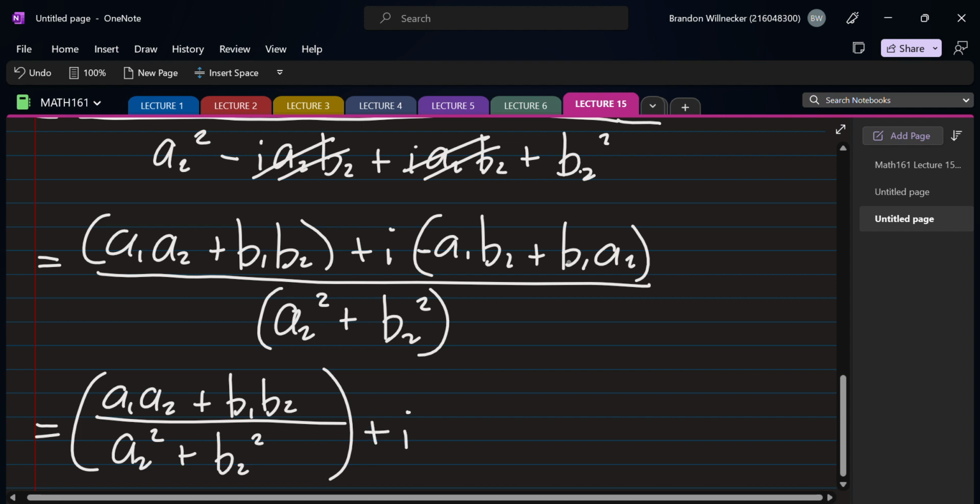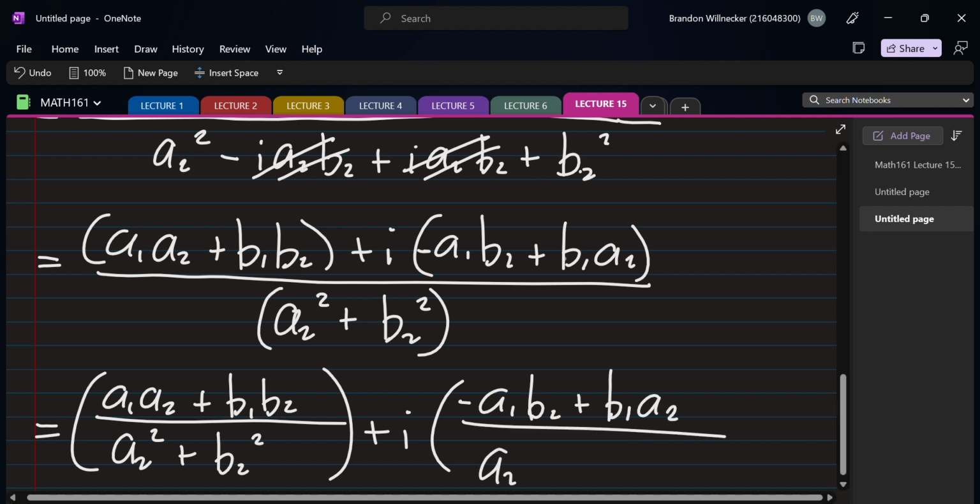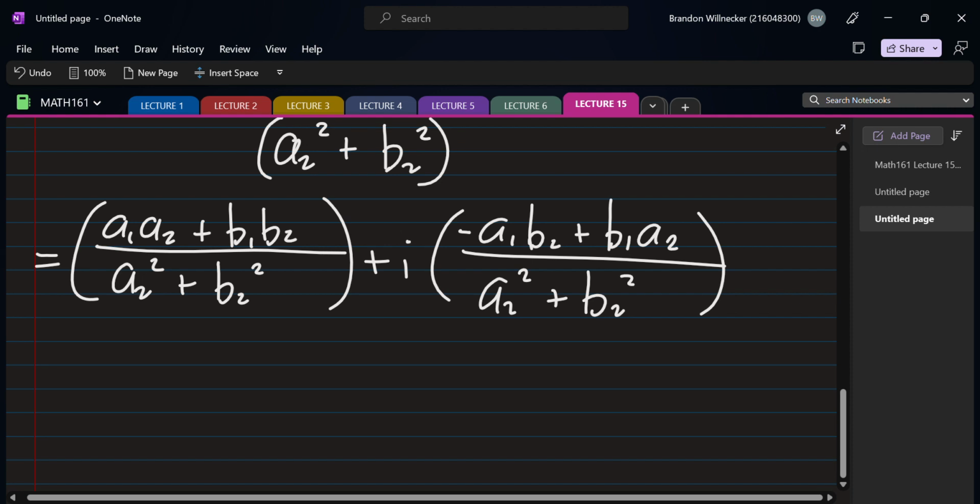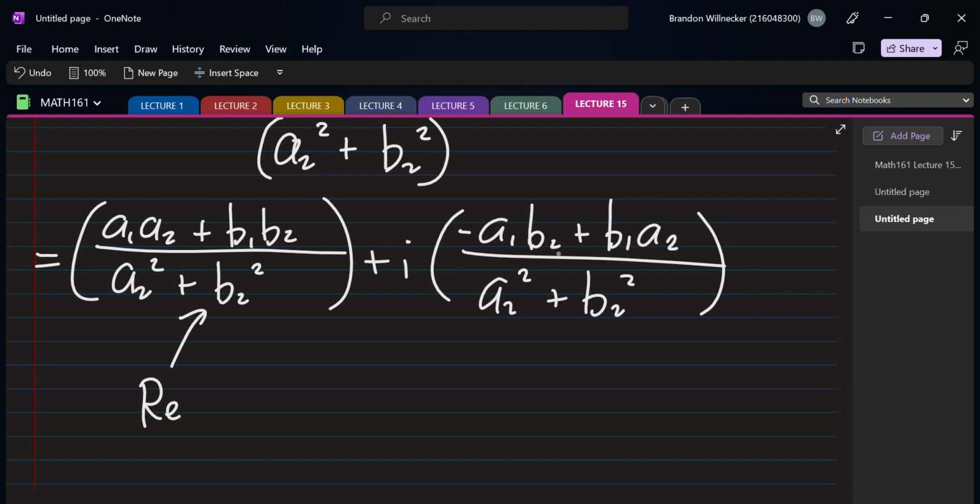All together, that's our real part, plus i times minus a1 b2 plus b1 a2, all divided by, again, this real part, a2 squared plus b2 squared. So here, again, we divide two complex numbers. We get this as our real part plus i times our imaginary part.